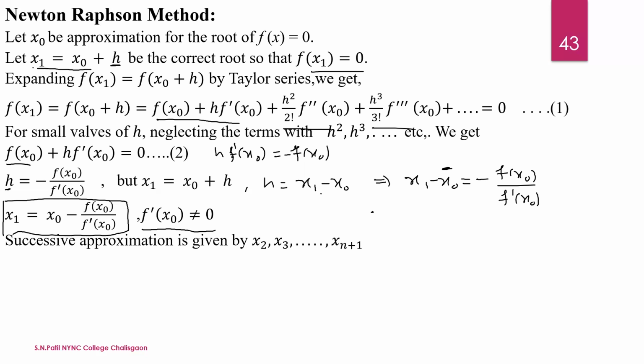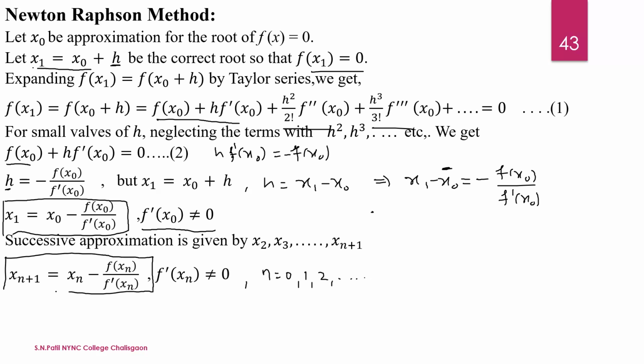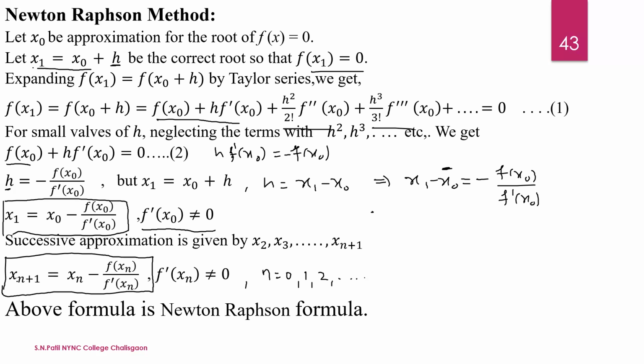Then the nth term will be x(n+1) is equal to xn minus f at xn divided by f' at xn, where n is running from 0, 1, 2 and so on. This formula is called the Newton-Raphson formula.